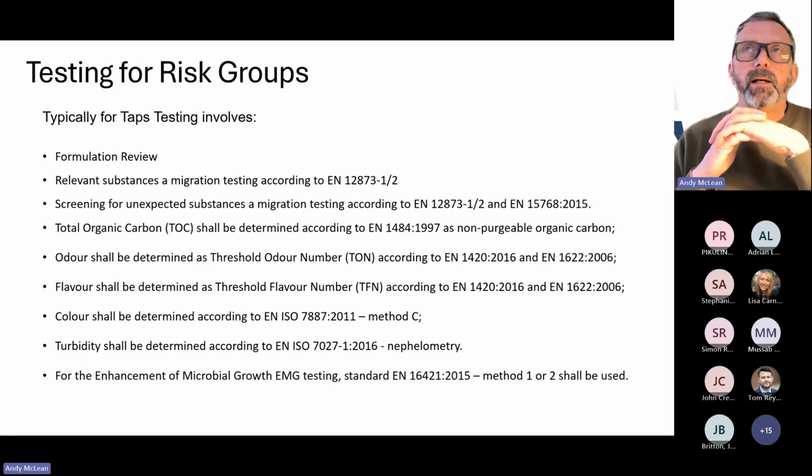As I say, I think obviously the formulation review is the critical one, which starts to break down what materials are required and whether they're on the positive lists. But the assessment body will, or possibly could, ask for all the tests.